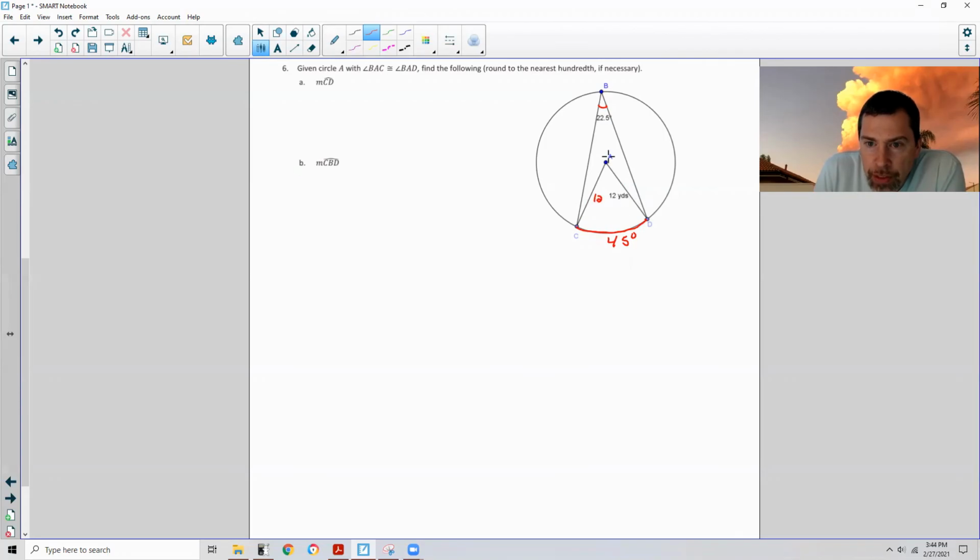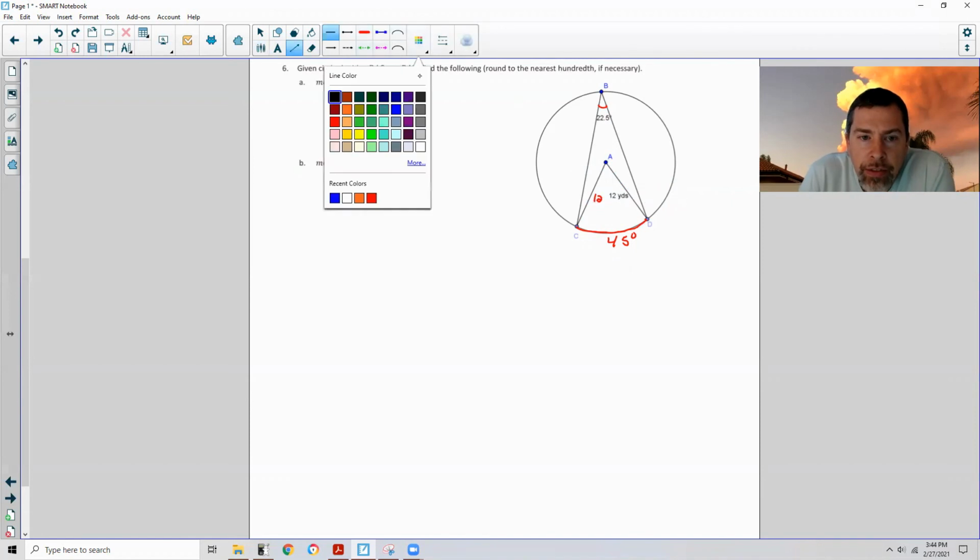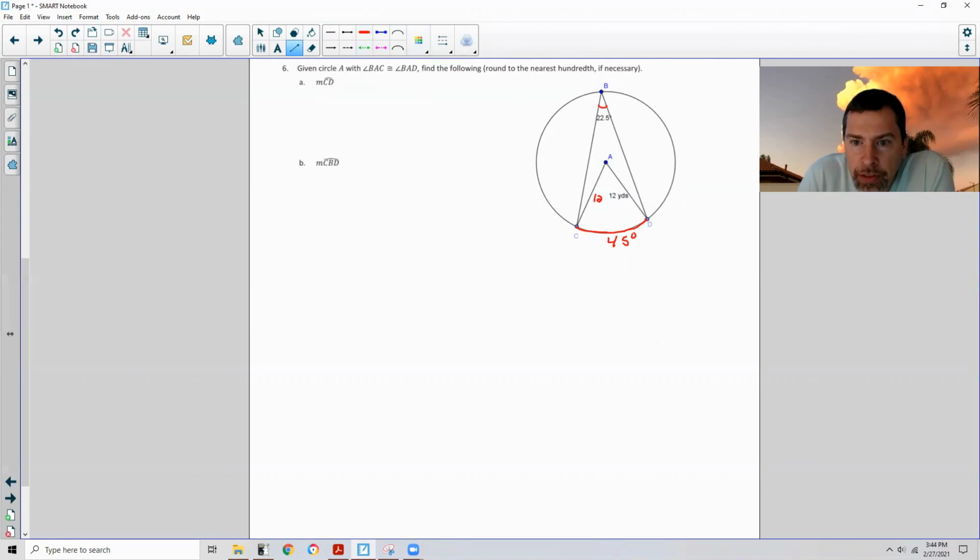So what else can we get from this diagram? If I extend a side, so I'm just going to mess around here because this problem's problematic. Okay, so if I line this up like so, just trying to get it pretty close here.